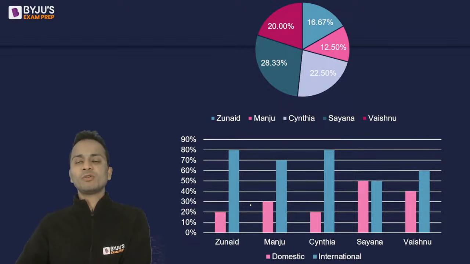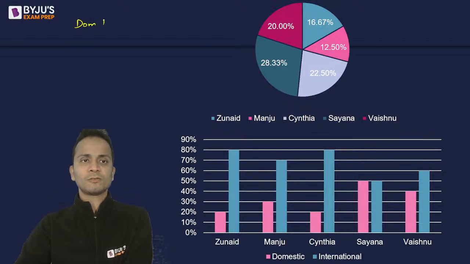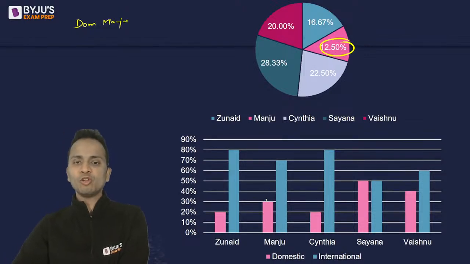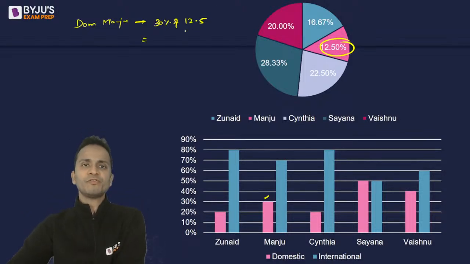Now we have to find out domestic by Manju. Now Manju has covered a total of 12.5 percentage and in domestic it is 30 percentage. So it will be 30 percentage of 12.5.